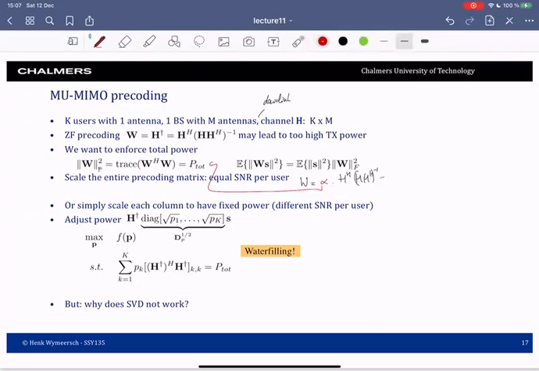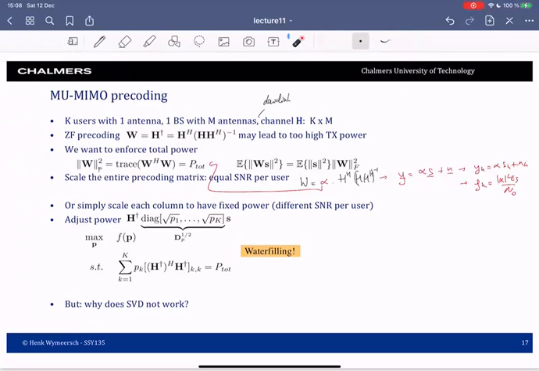You can check this. So this will have Y equal to alpha S plus N. So that means that for each user, YK is equal to the same alpha SK plus NK. This means that the SNR for user K will be alpha squared Es over N naught. So all the users have the same SNR.